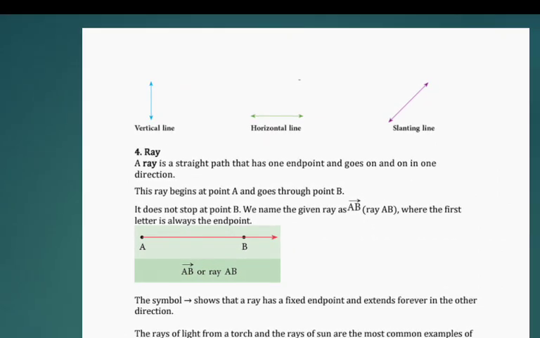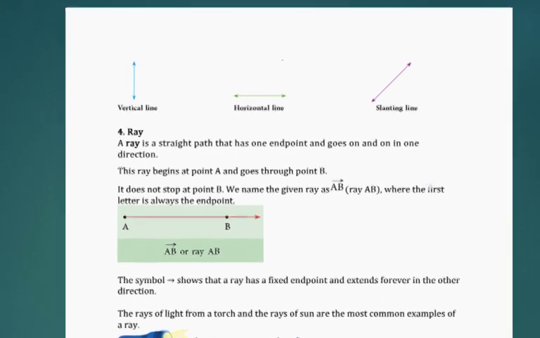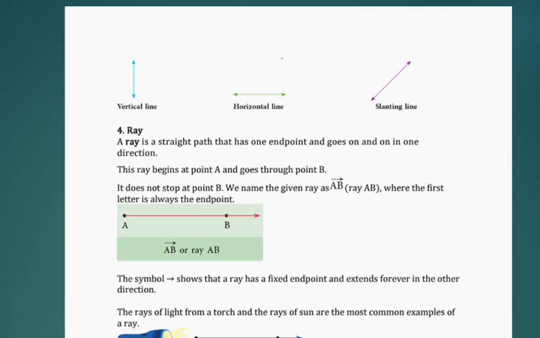So next one is ray. What do you mean by a ray? A ray is a straight line that has one end point. It is a straight path. A ray is nothing but a straight path that has one end point and goes on and on in one direction.